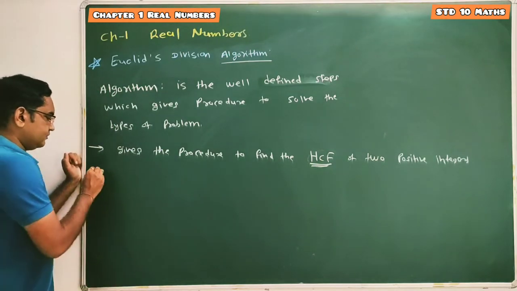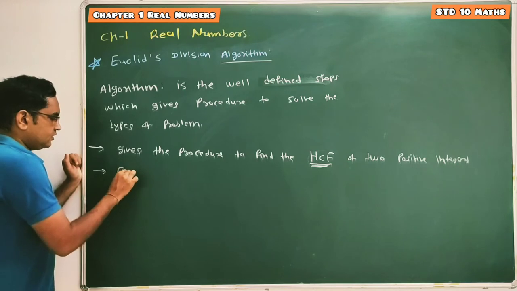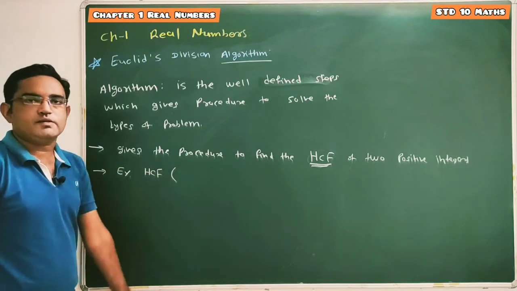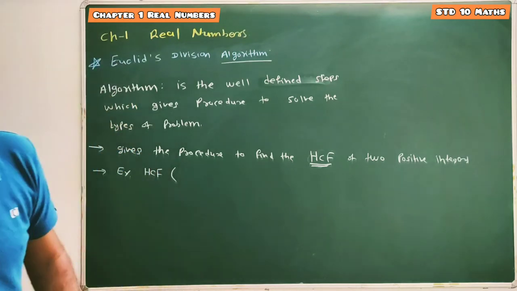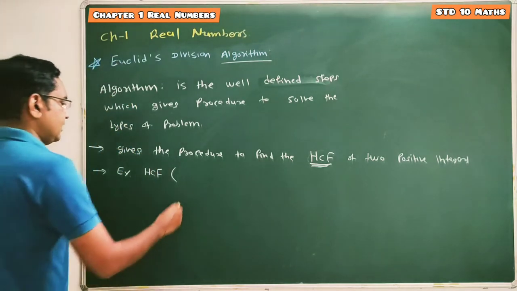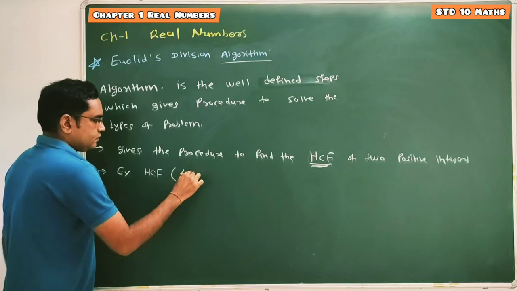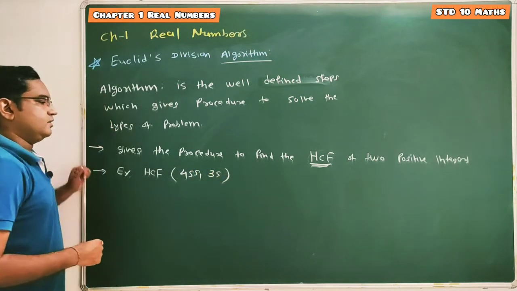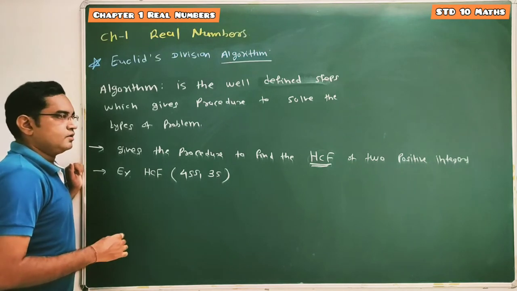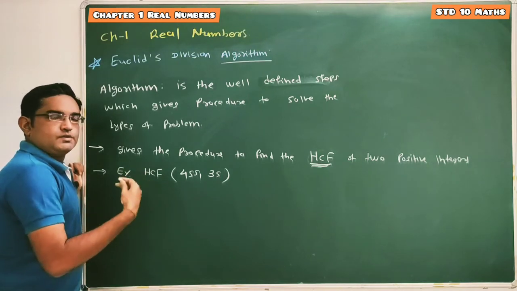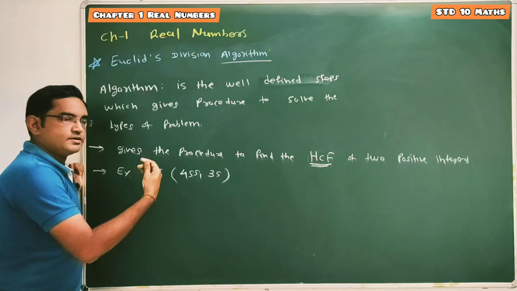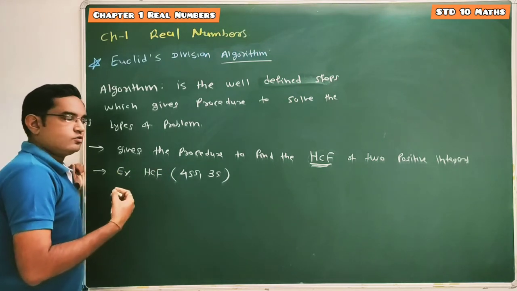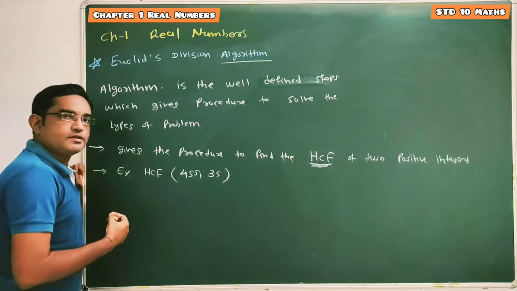For that we'll consider one example. Suppose we have to find the HCF of two positive integers given in your textbook, 455 and 35. Until now, before standard 10, we were finding HCF in lower standards using the prime factorization method.